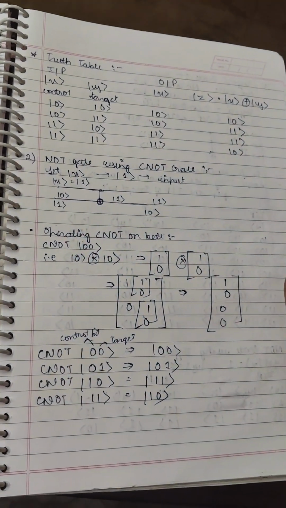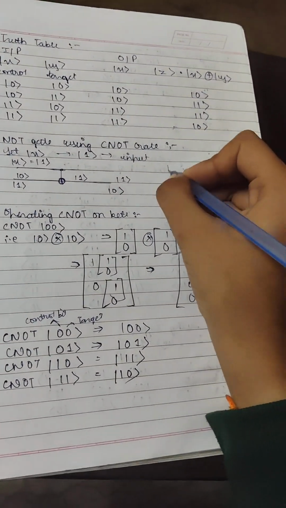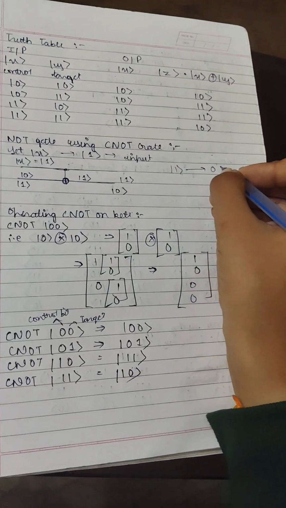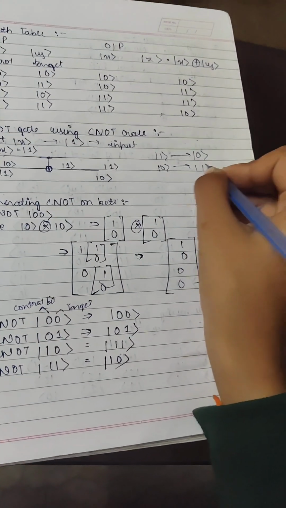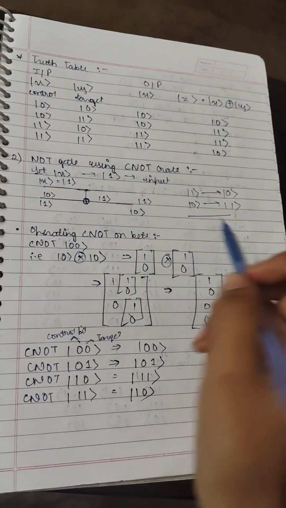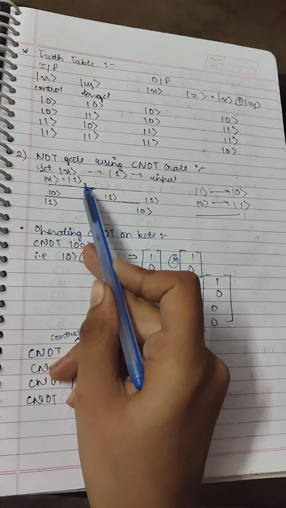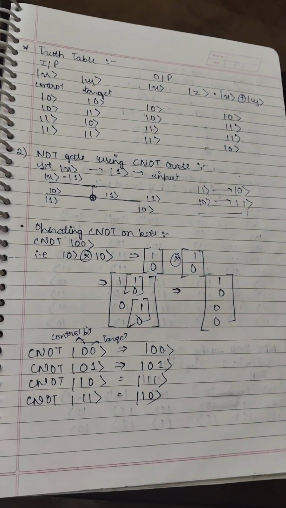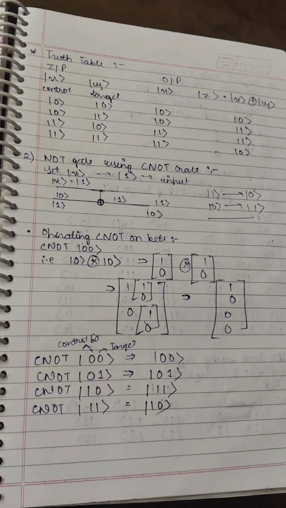Because what is a NOT gate? A NOT gate is simple: if we input 1, then we should get an output 0, and if we input 0 we should get 1 in output. This is what a NOT gate means. So for that, if we take the control as 1, then our answer would obviously be flipped. In this way we could make a NOT gate using the CNOT gate.